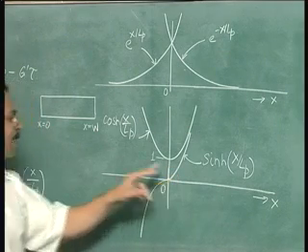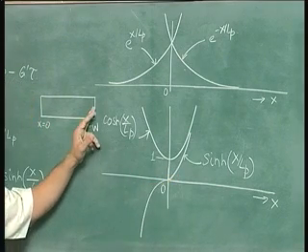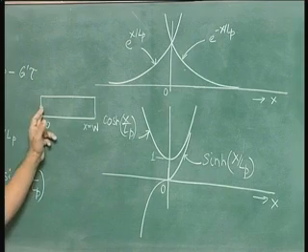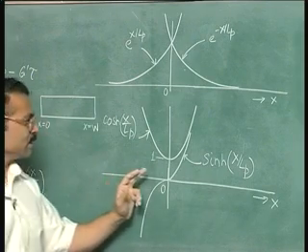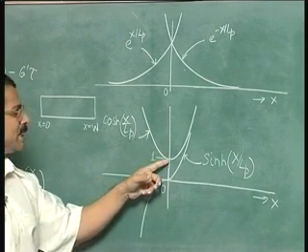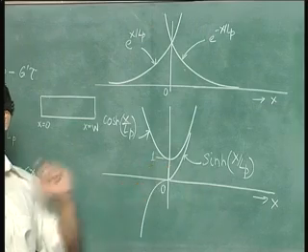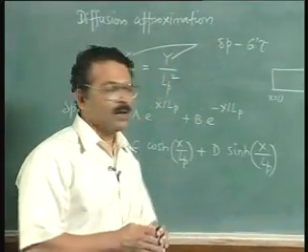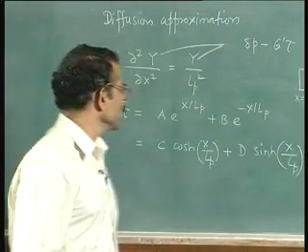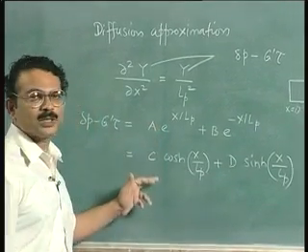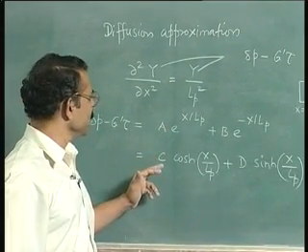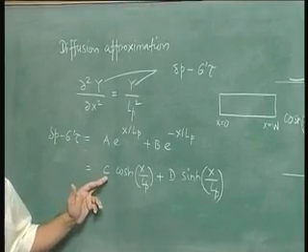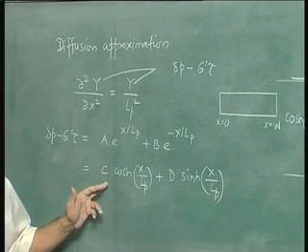On the other hand, if at both boundaries the excess carrier concentration is not 0, then cosine hyperbolic function is more appropriate. So depending on the situation, one must choose the appropriate form of the solution, although in principle you can use any of these forms to describe any situation.